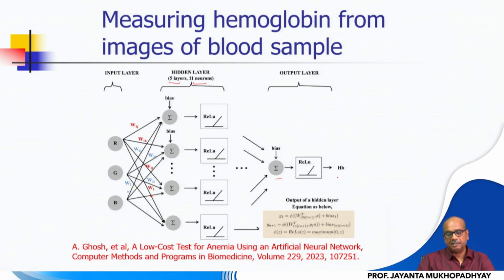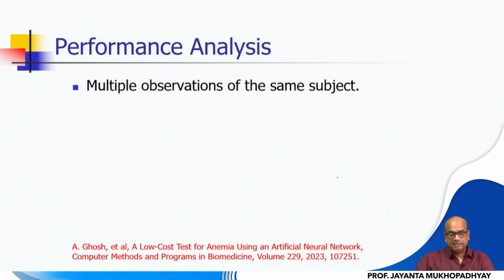And from the final output layer we are getting the hemoglobin content. For performance analysis, one thing we do is reduce the error of observations for a single instance. That means we take multiple observations of the same subject: when we take the blood drop, we take multiple filter papers and take images from them.